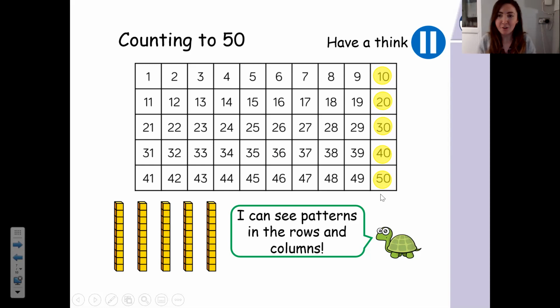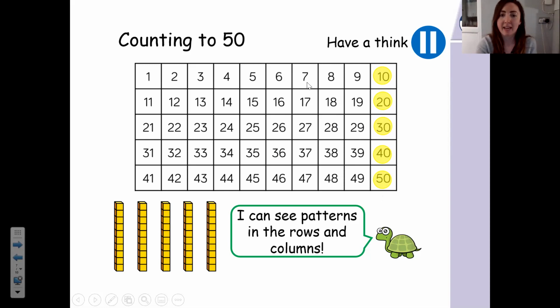Okay, so let's see if you were correct with your pattern spotting. If we look down each column, remember columns go down, rows go across. So looking down each column, if we look at the ones, then they are the same in each column, aren't they?